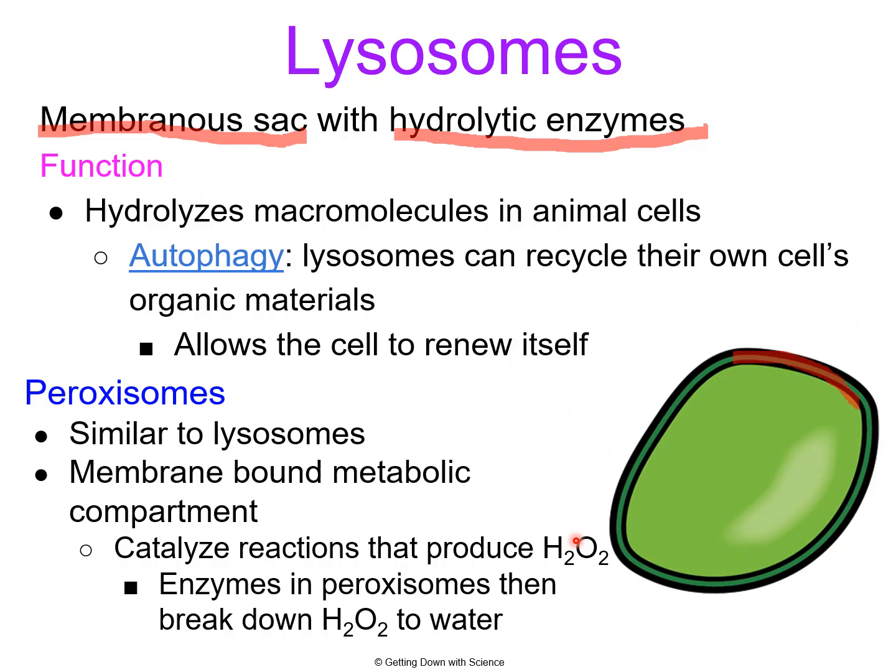And remember, they're very similar to lysosomes, so they do contain enzymes. The enzymes in these peroxisomes break down hydrogen peroxide to form water. And that's pretty much their sole function or purpose, to catalyze that specific reaction.